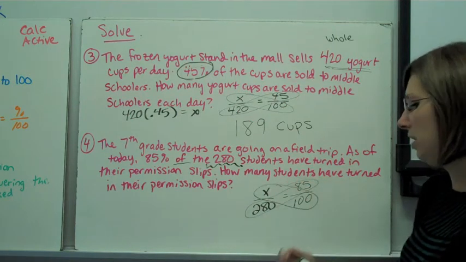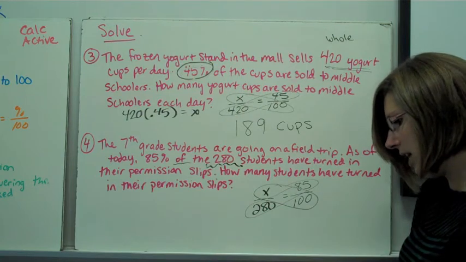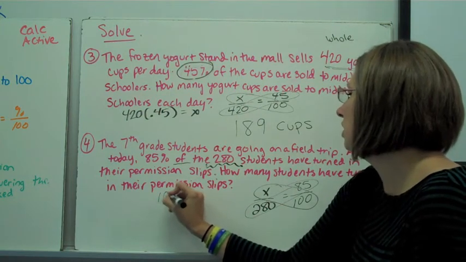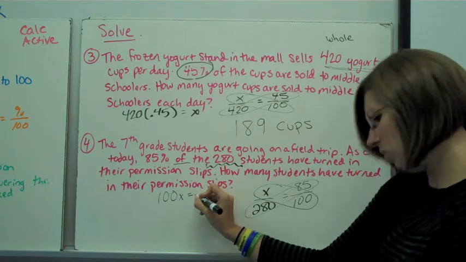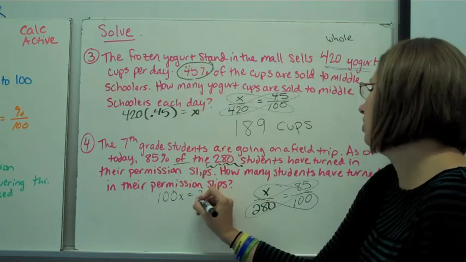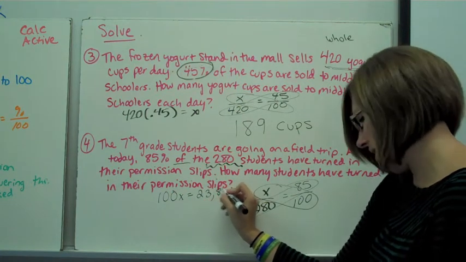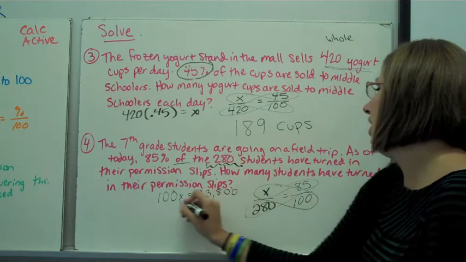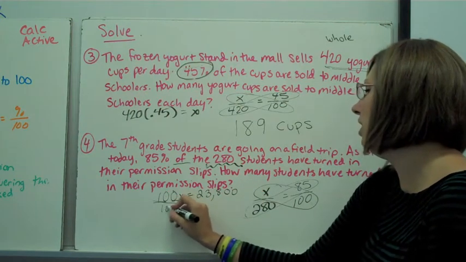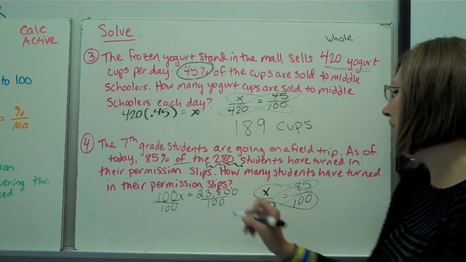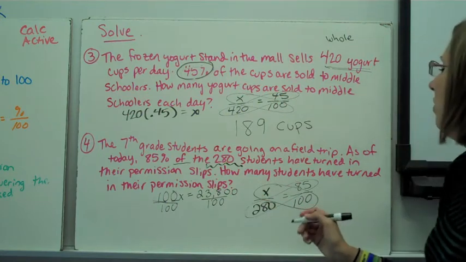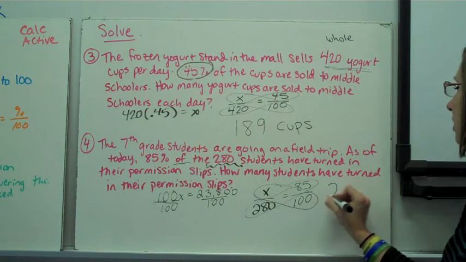Cross multiply. I get 100x equals 23,800. Divide both sides by 100, x equals 238 students.